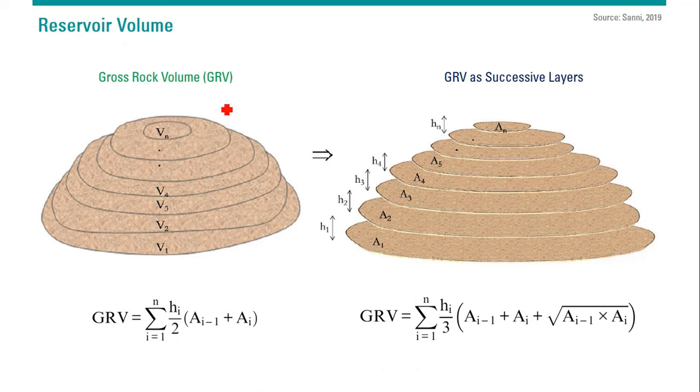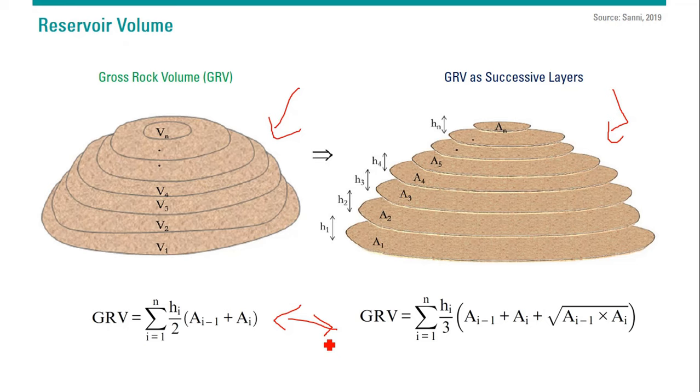I have the gross rock volume, this one, and I can break the structure into several layers like this: layer A1, A2, A3, and so on. Using this calculation method, I can know the gross rock volume. It's still gross, okay?